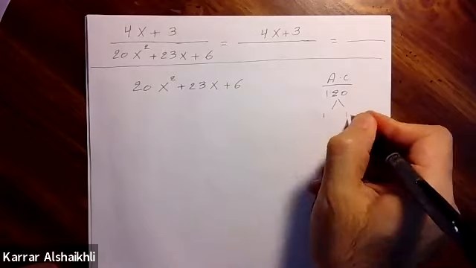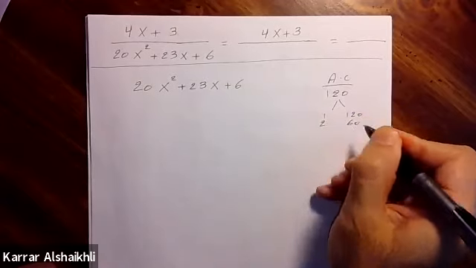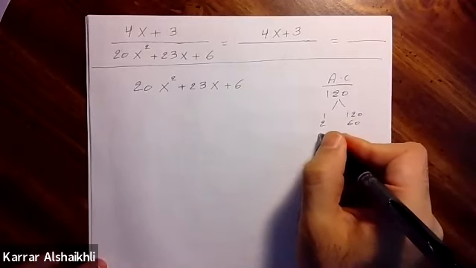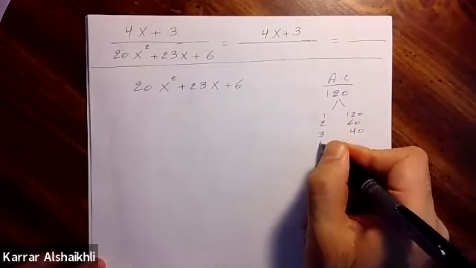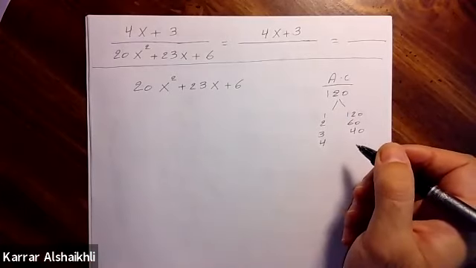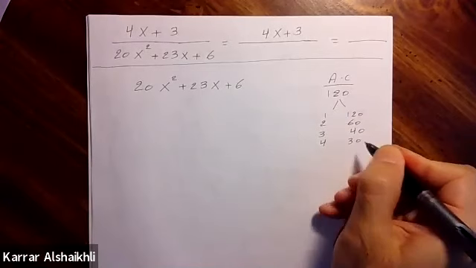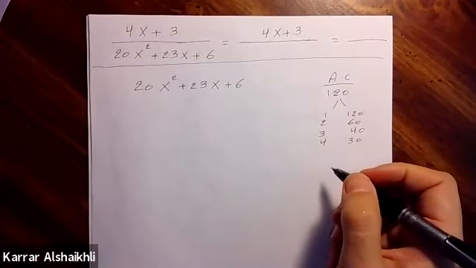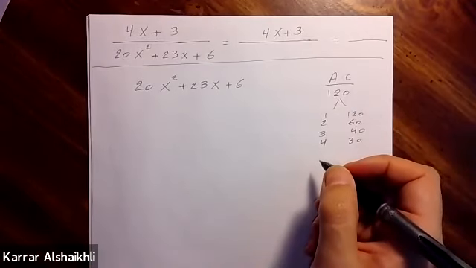So 1 and 120. With 2 is going to be 60. With 3 is going to be 40. With 4 is going to be 30. You can't with 5. With 6 is going to be 20.